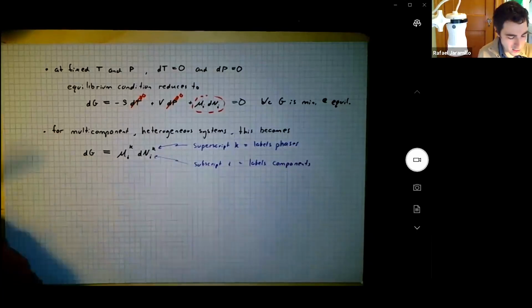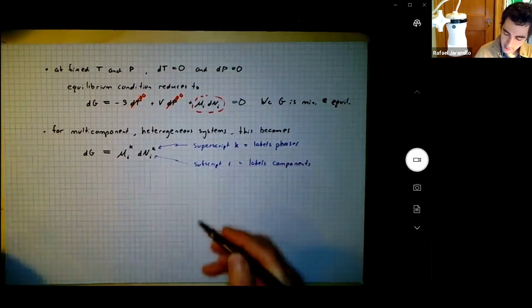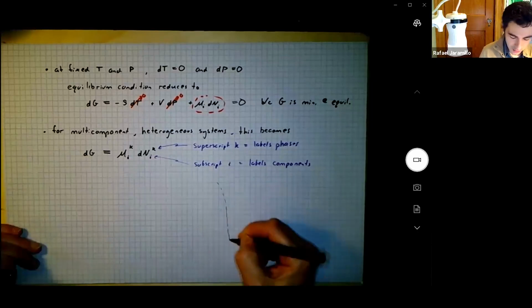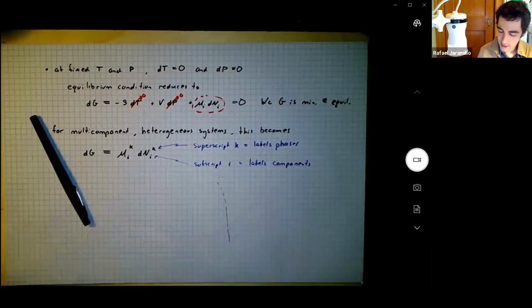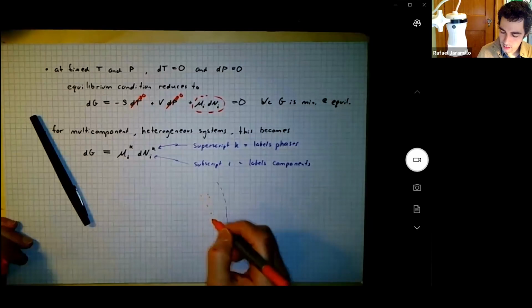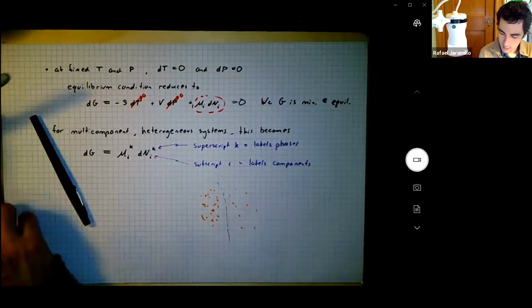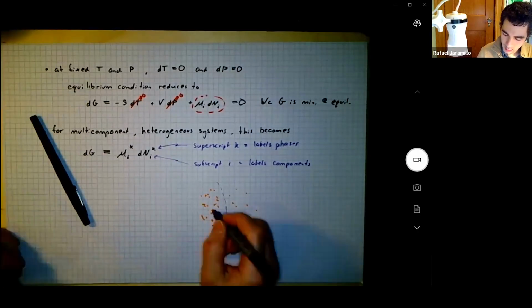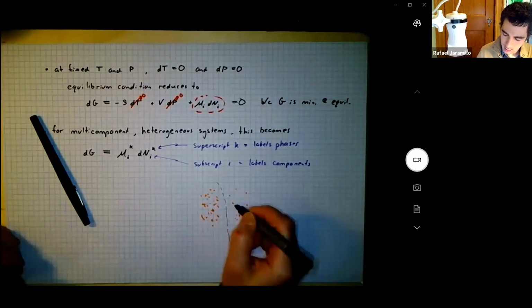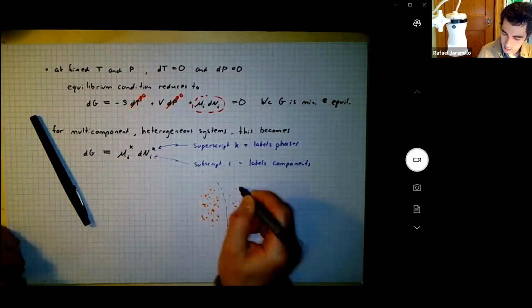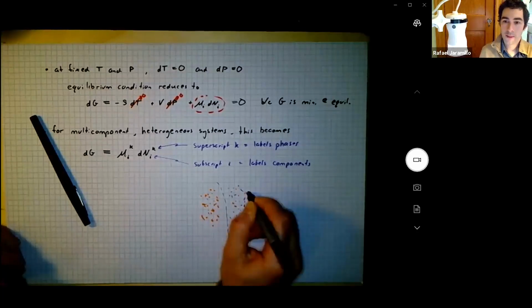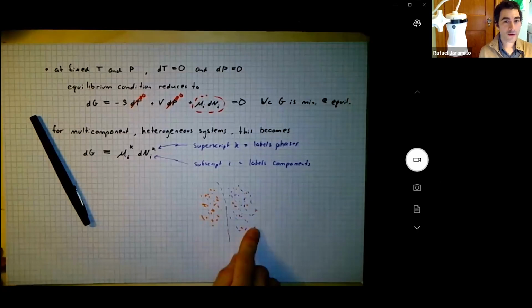And so now we can picture something in our minds. We have a phase boundary here, two phases, and each phase has two components. This was a purple-rich phase, and this was an orange-rich phase.